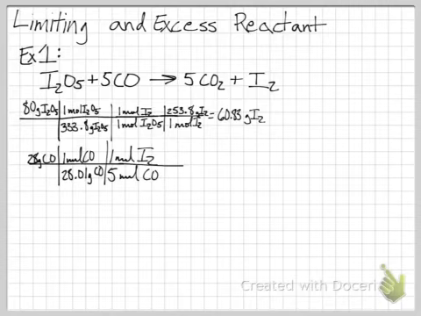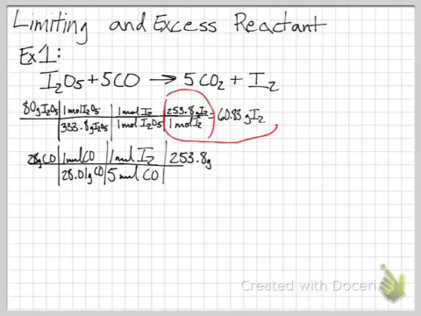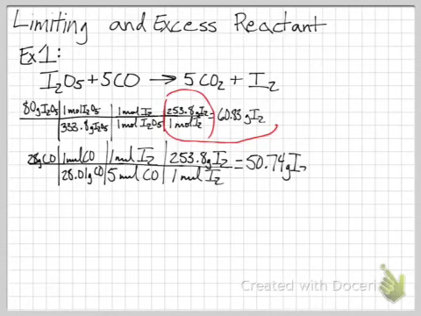And now I'm looking at the same information that I just had right here, so I'm going to utilize it again. So, I'm going to solve. Once I put my 253.8 over 1 mole, I solve and get 50.74 grams.